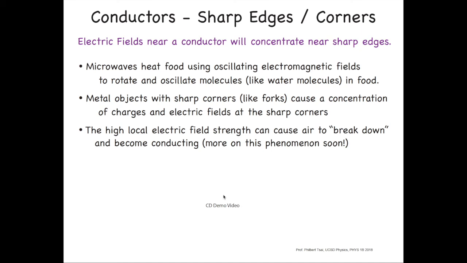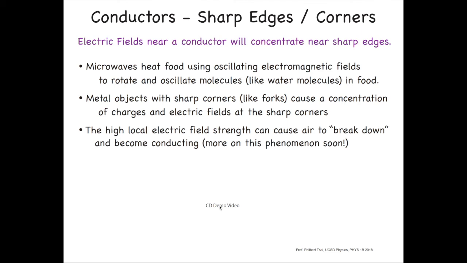So in this demo video, there is a CD that I'm going to place inside a microwave. The CD has all these little divots in it that encode the data. So there are ones and zeros that are encoded as little divots and hills, and then that whole thing is coated with a reflective layer of aluminum.